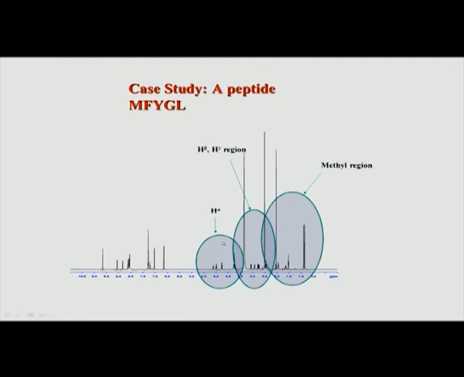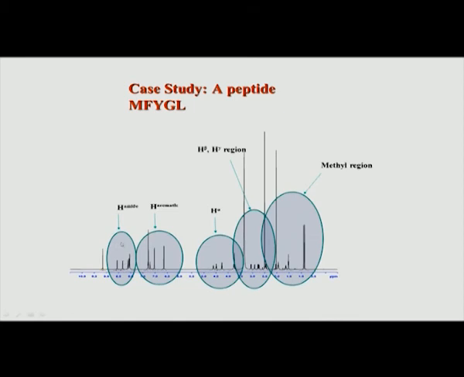This is going to be a very important region which we will focus on for sequential assignments. And this is the aromatic region, which comes between 7 to 7.5, similar to what you see in organic compounds.